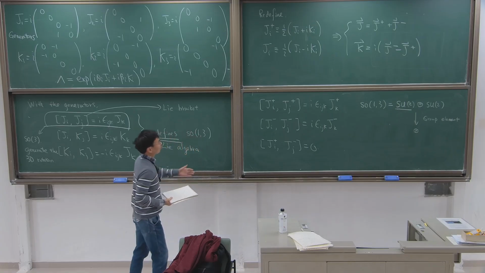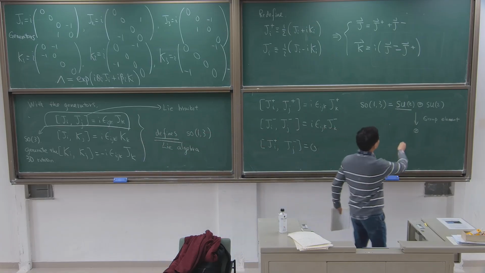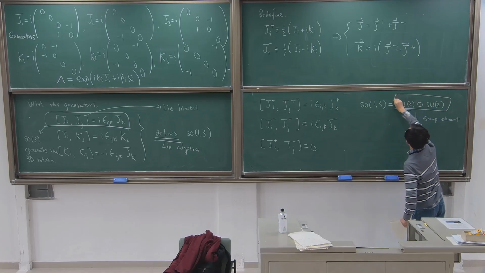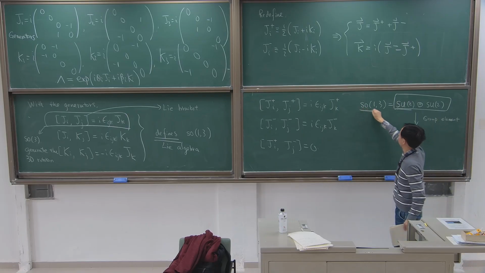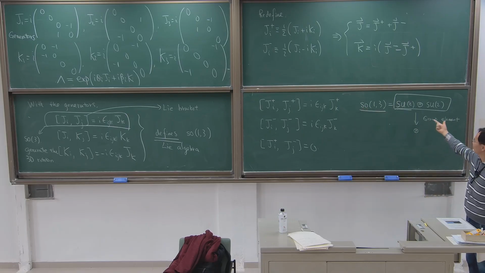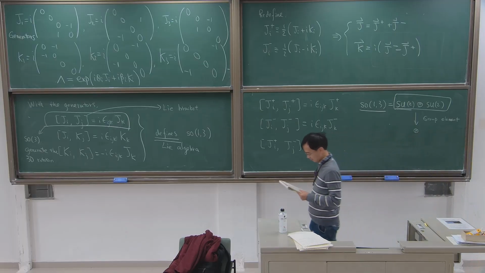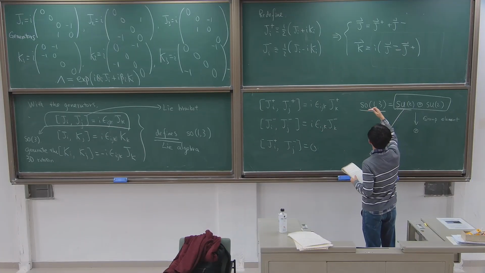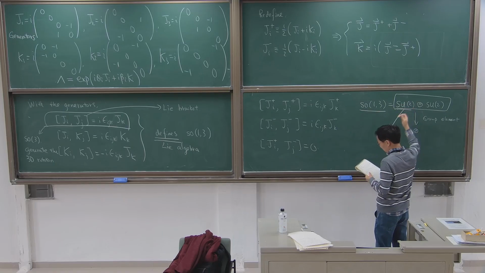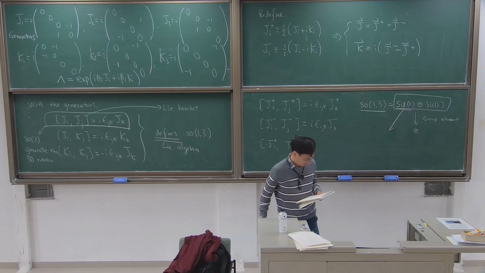So we eventually arrived at this conclusion, which means that we can make use of the quantum mechanical knowledge about SU(2) rotations to re-understand the Lorentz group, because these two are just equal. So we somehow translated the job into understanding two copies of SU(2).